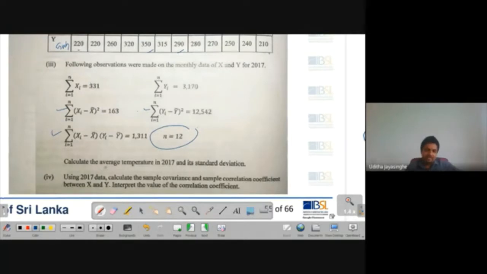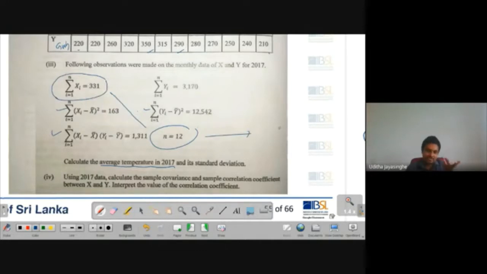If you really look into the question, the first part asks for the average temperature in 2017. It's one of the most brilliant questions I've ever seen in this paper, because you've been given a heap of data inputs and are asking for the average. How do you calculate the average? By simply taking the fraction of these two, isn't that so?